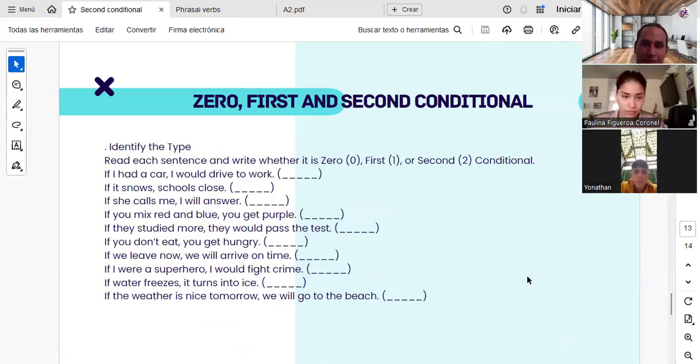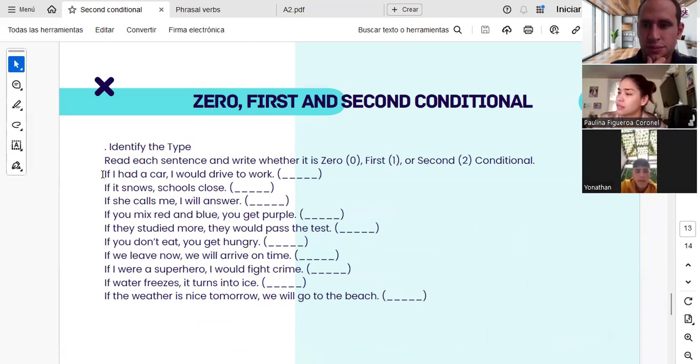Okay, set of first and second conditional. So identify the type. Read each sentence and write whether it's zero, first, or second conditional. So, Jonathan, read the sentences and tell us what kind of conditional it is. If I had a car, I would drive to work.